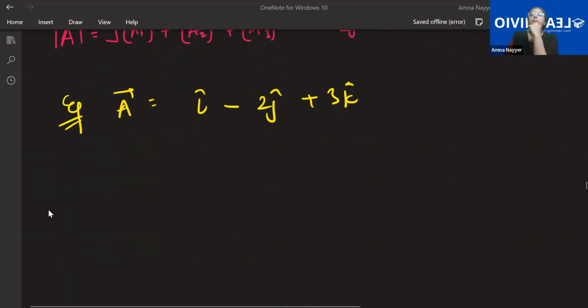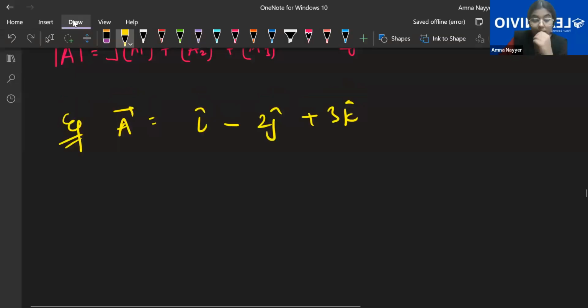Then there you can see this says a vector is there. We have to calculate its unit vector.